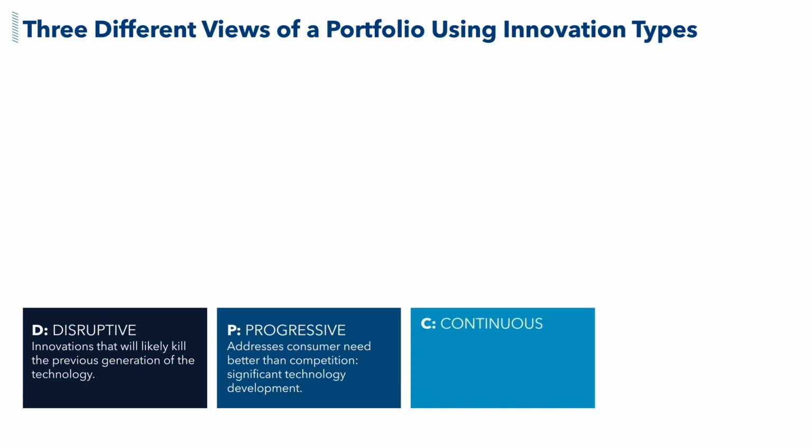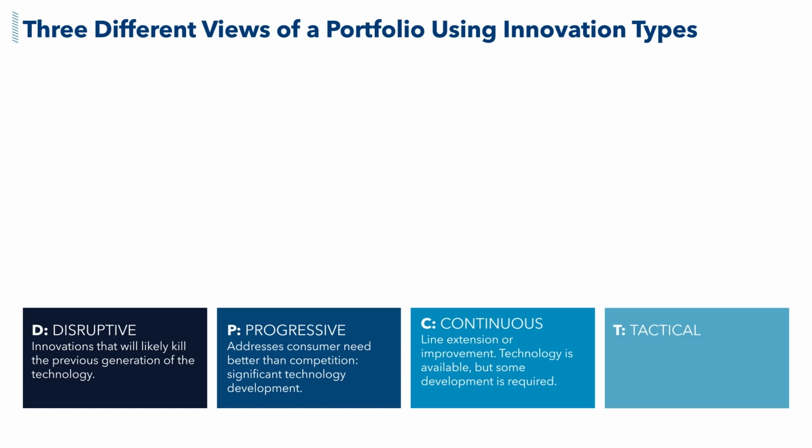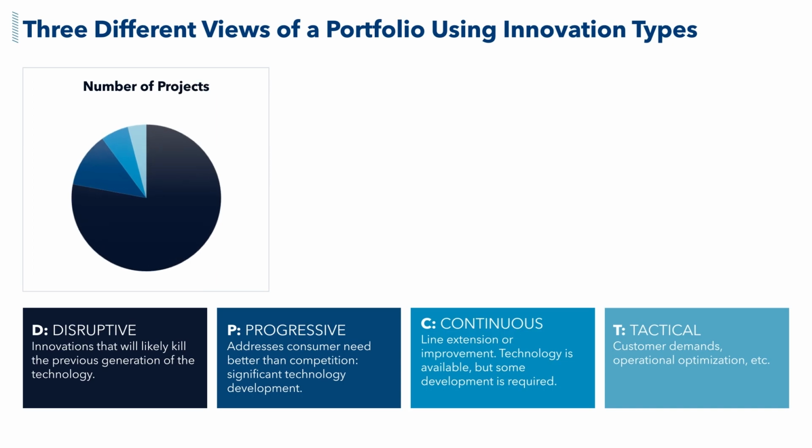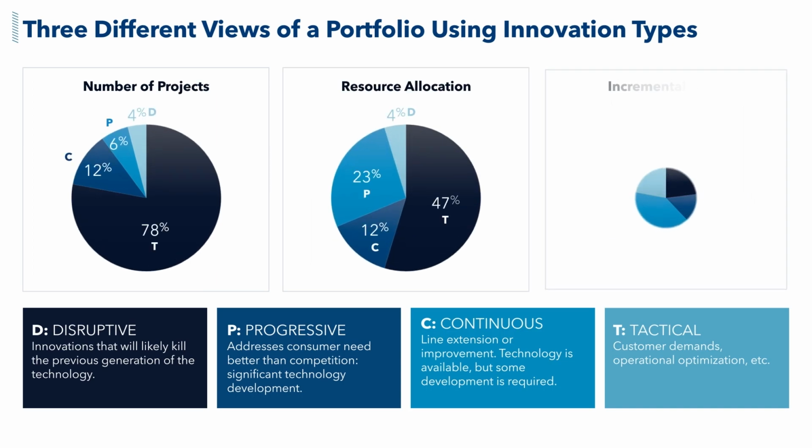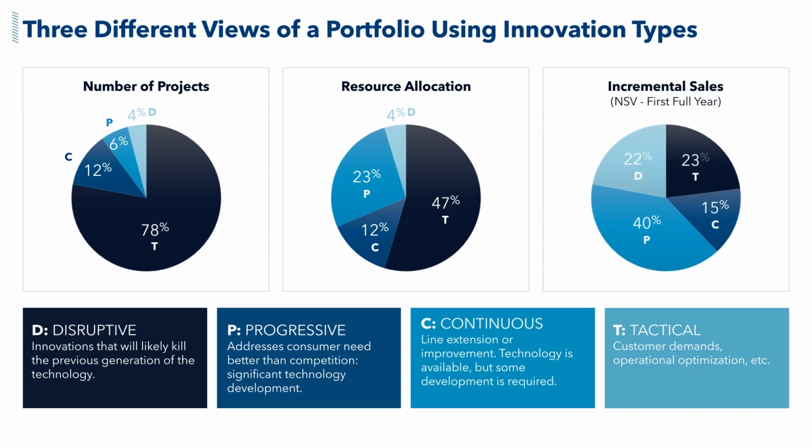Then C stands for continuous. This is line extension or product improvement involving available technology or some required development. Lastly, T stands for tactical. This includes customer demands, operational optimization, etc. Then the club member could look at the following in the project spread: the number of projects per type, the resource allocation, and the incremental sales NSV first full years.